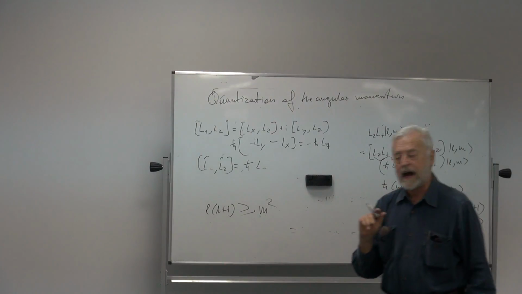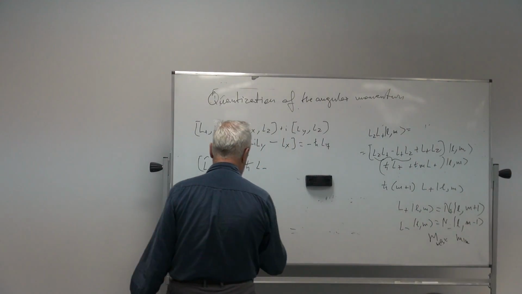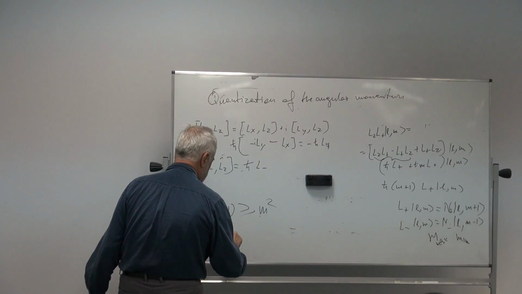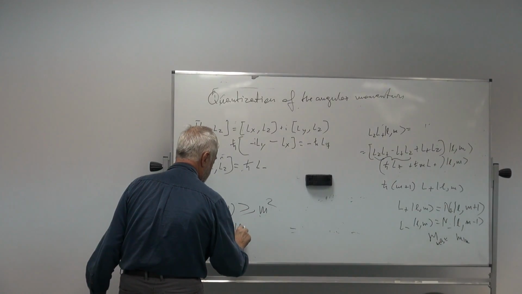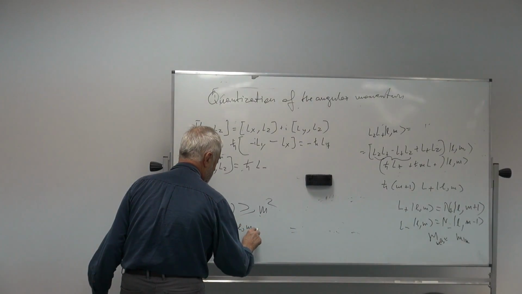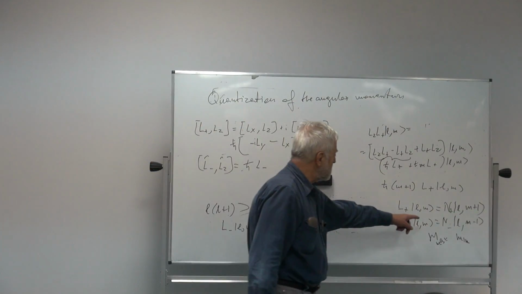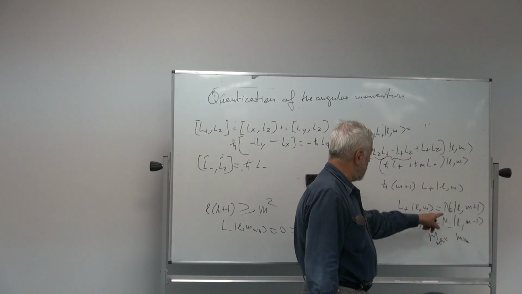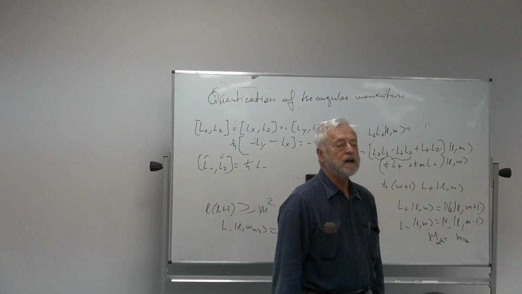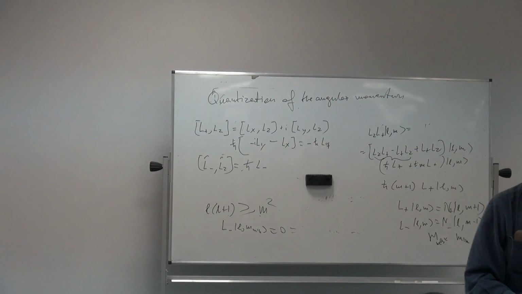And both these guys should have the following property, namely that if I act with L minus on L m min, I'm getting 0. In other words, this funny normalization should turn into 0.